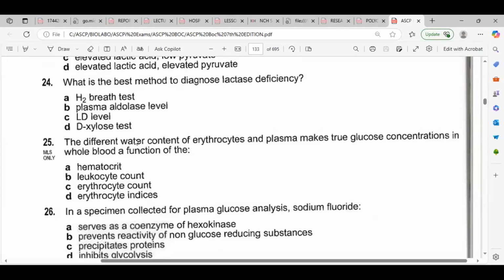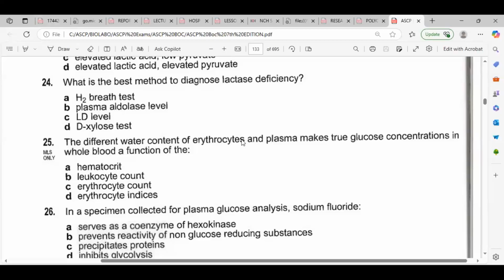As you remember, we mentioned that glucose is measured in a liquid sample, in liquid plasma, but not in RBCs. So in fact, compared to RBC concentration, which is hematocrit, the liquid part of blood is higher than hematocrit.